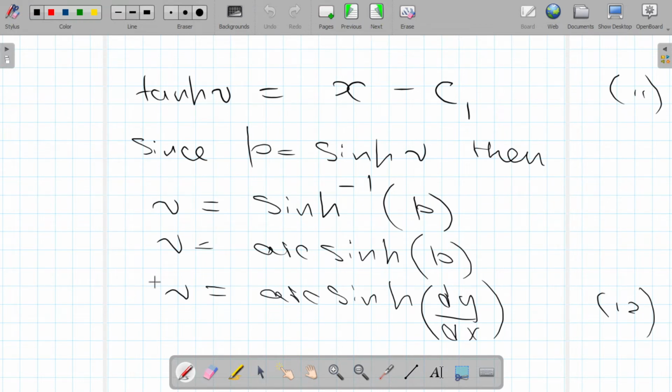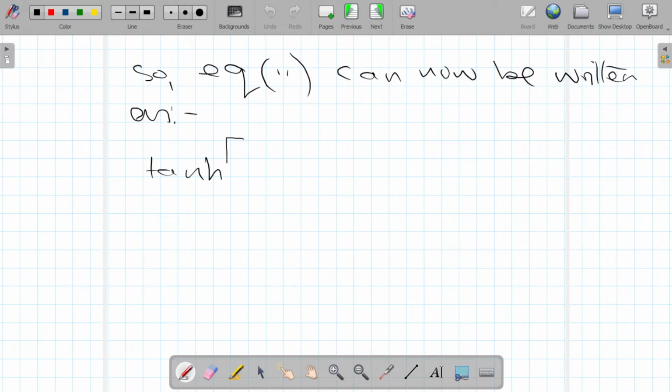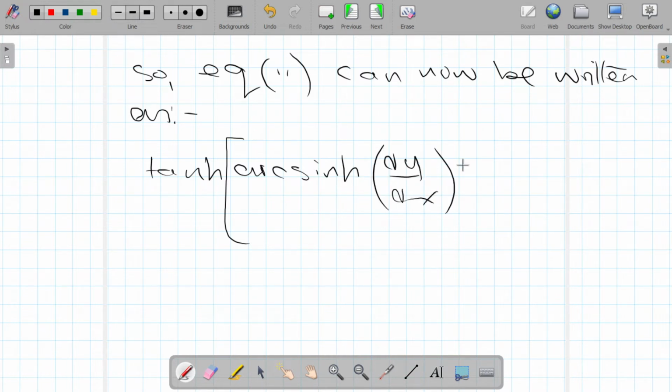So we substitute in arcsinh dy by dx for v. So we get tanh of arcsinh of dy by dx is equal to x minus c1, right?